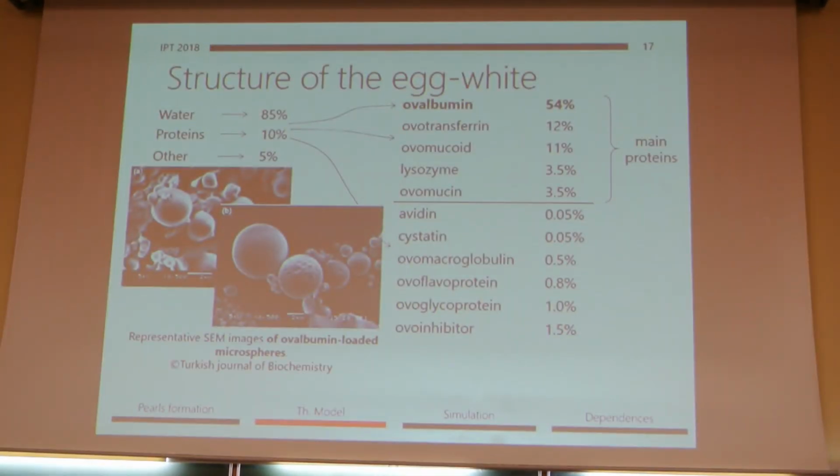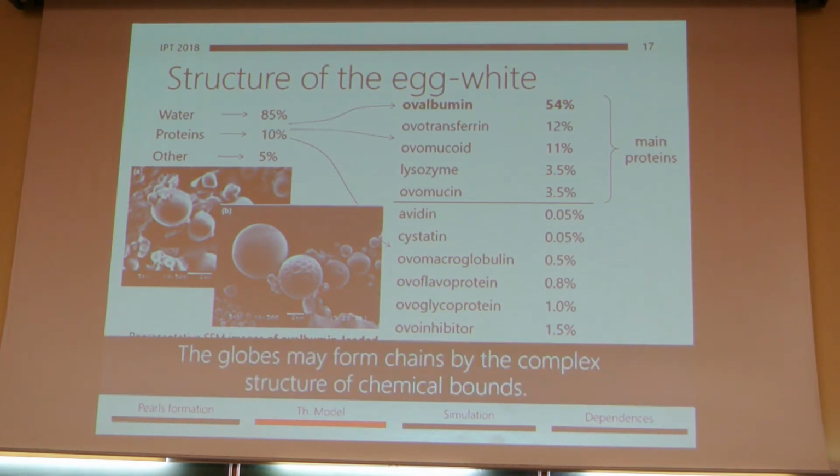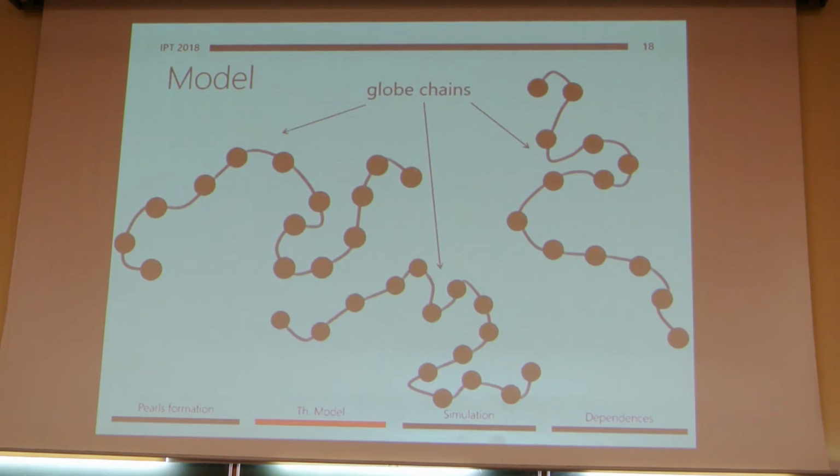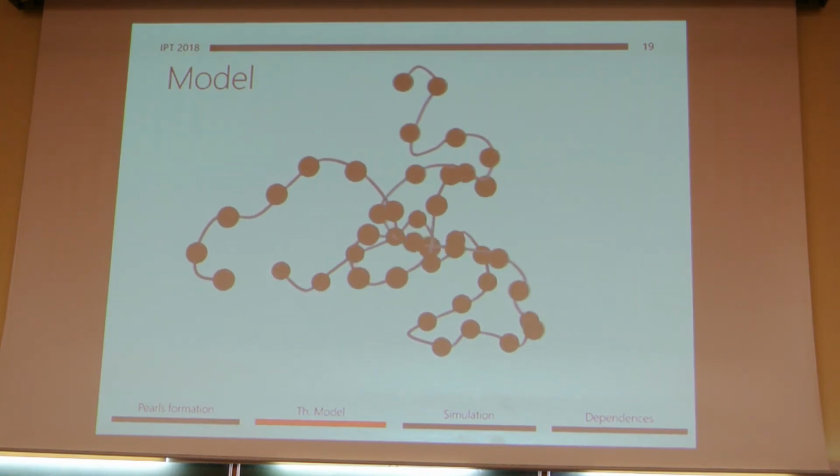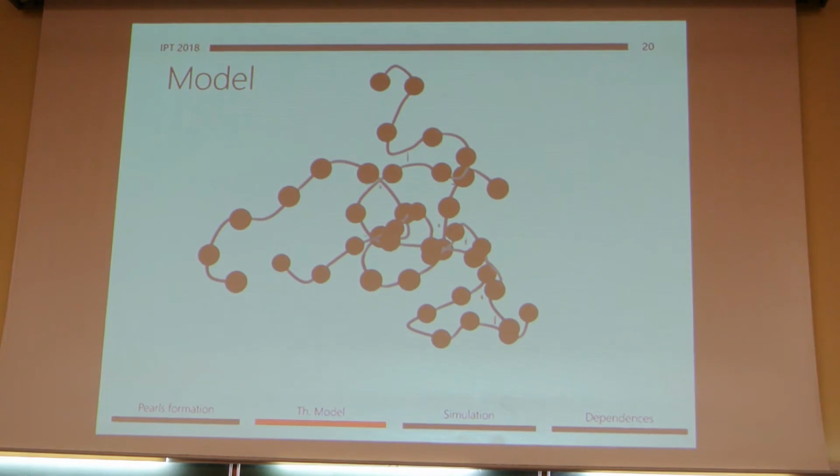Proteins themselves form little microspheres, globular structures, and these globules form chains. In the egg white, these chains of globules are mixed and form bonds between chains.